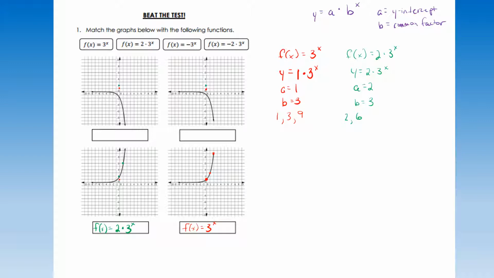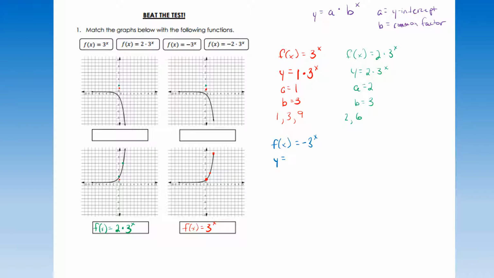So the next one is f of x equals -3 to the x power. One thing to be careful with, again, this is y equals negative 3 to the x.